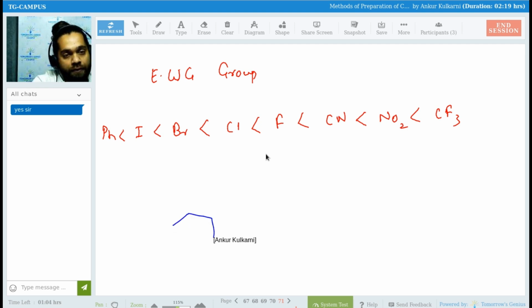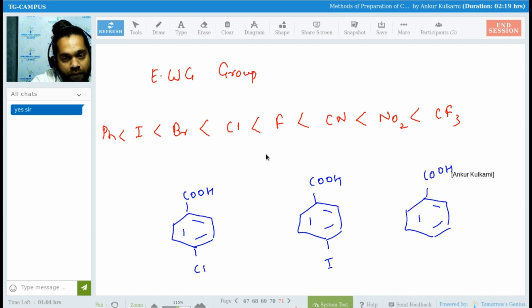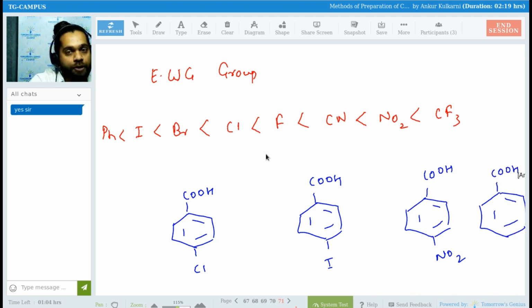Okay, so suppose I have these four compounds. Come on, tell me from strongest to weakest.